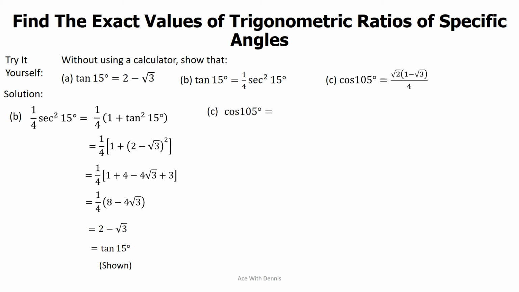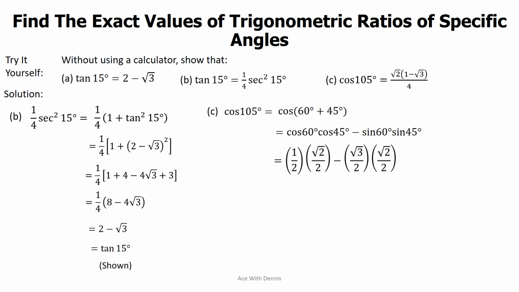For C, cosine 105 degrees, we can rewrite it as cosine 60 degrees plus 45 degrees. Then we apply the formula, which becomes cosine 60 degrees cosine 45 degrees minus sine 60 degrees sine 45 degrees. Cosine 60 degrees is half. Cosine 45 degrees is root 2 over 2.